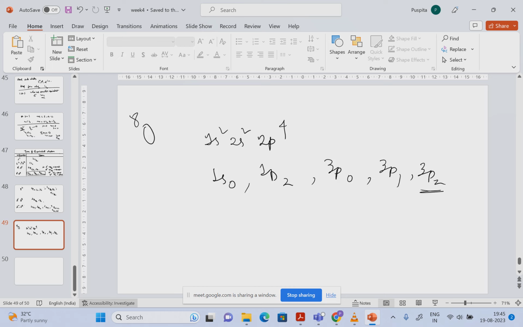For oxygen, 3P2 will be the ground. Carbon will also have the same terms because it is 1s2 2s2 2p2. This will be the ground.